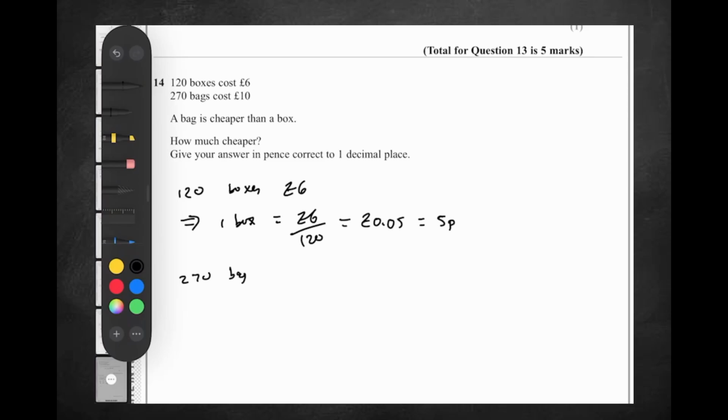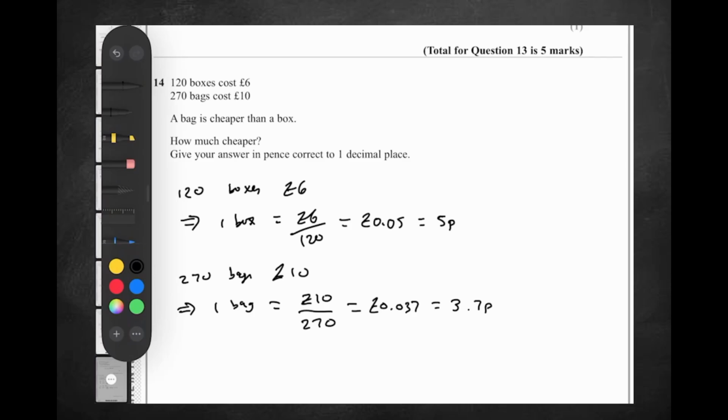270 bags are £10. Therefore, 1 bag equals £10 divided by 270. I'll do that on my calculator. And we get 0.037 pounds, which is going to be 3.7p.